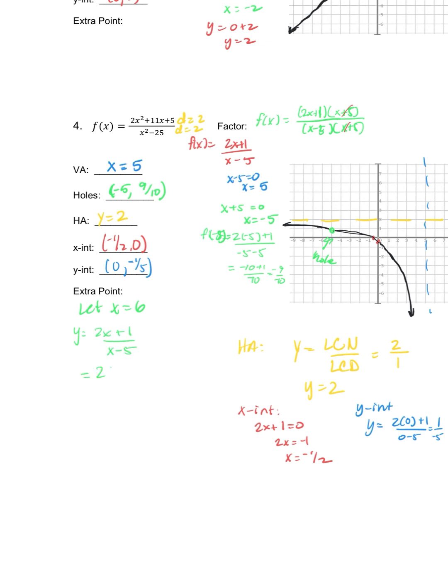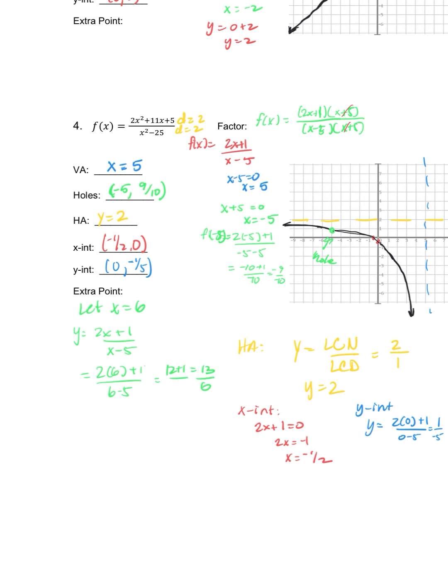So 2 times 6 plus 1 over 6 minus 5, which equals 12 plus 1 over 1.